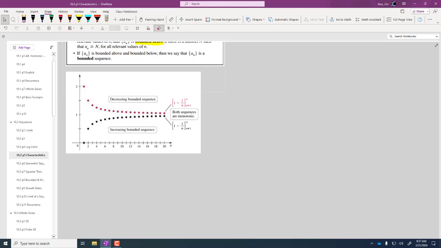And if you go on in math, sometimes they'll talk about things like this. If we have a sequence that is bounded above, certainly this is an upper bound for that sequence.